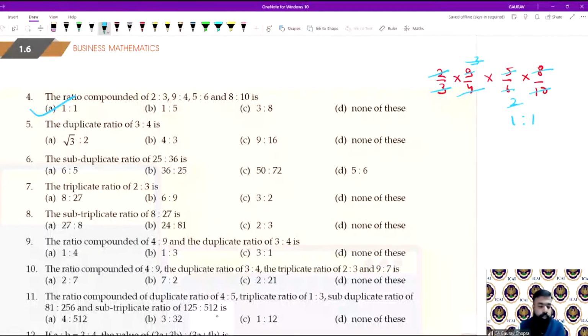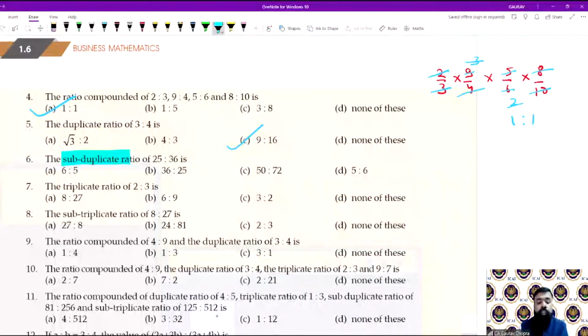Then moving towards the next one, the duplicate ratio of 3:4. Duplicate means we have to square. Square of 3 is 9, square of 4 is 16. So we get 9:16. Sixth, subduplicate ratio.